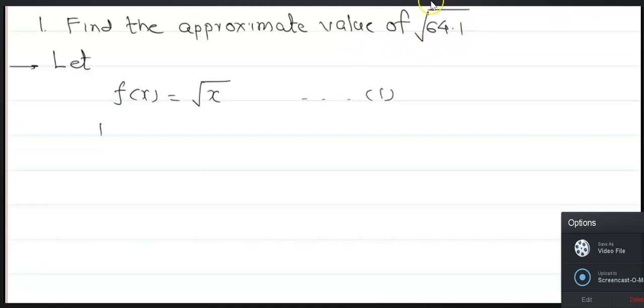Suppose here there is a cubic root of this quantity. Then we will write f of x is equal to x raised to 1 upon 3. Therefore, first we want to define what type of function is given. Here the function is square root. Therefore, f of x is equal to root x.